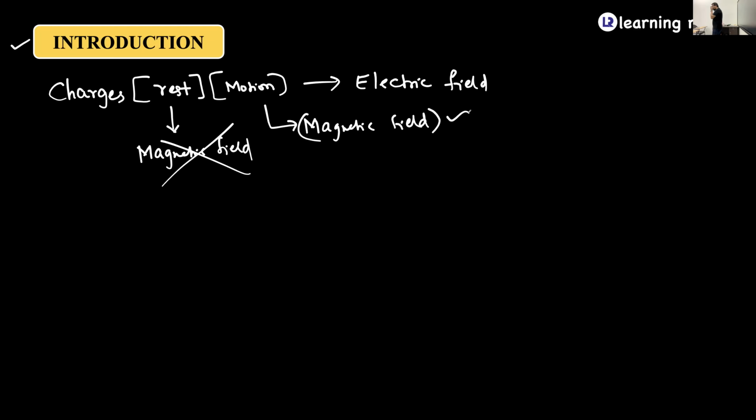Second, whenever you talk about magnetism, there are two types that can come into the picture. One is permanent and the second is temporary. Permanent magnets are the ones like bar magnets and horseshoe magnets, which you can go and purchase.